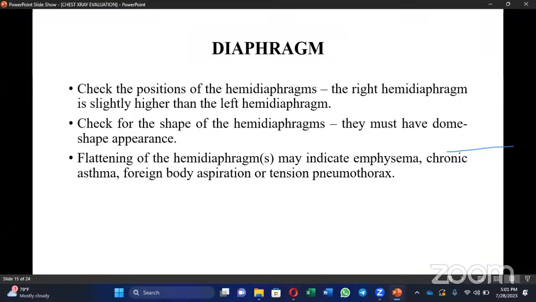Or in a patient who has chronic asthma, you can also have flattening of the diaphragm. And tension pneumothorax can also cause flattening of the diaphragm. Please, I hope you've understood up to this part.